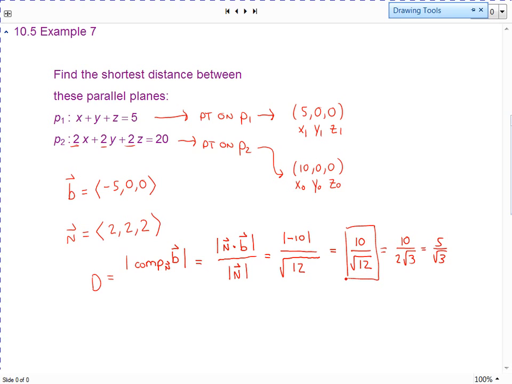Yes? Yes. Vector B was the vector going from, yeah, it's going from this point to this point.